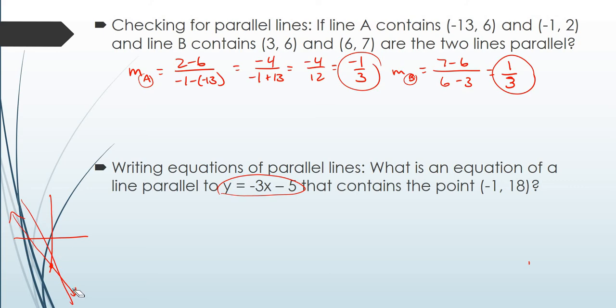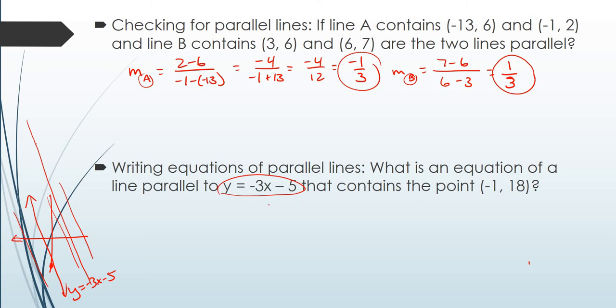Okay, but it passes through the point 0, -5. That's its y-intercept, and it has a steep slope. Now I want to draw a line that's parallel to that. There are lots of lines parallel to my line. I want the one in particular that goes to the point -1, 18.